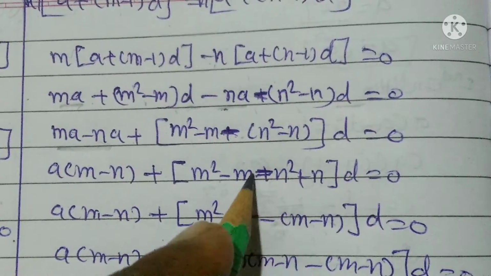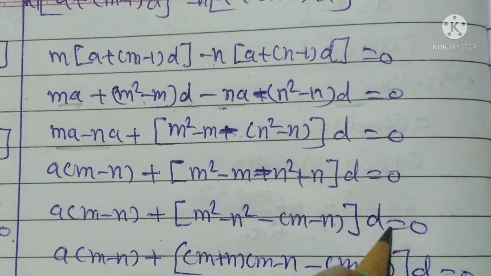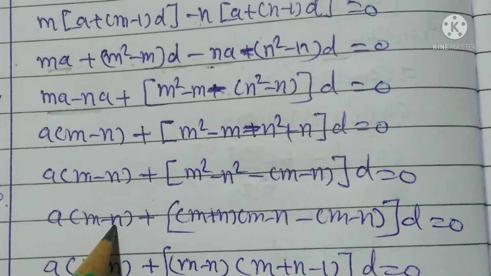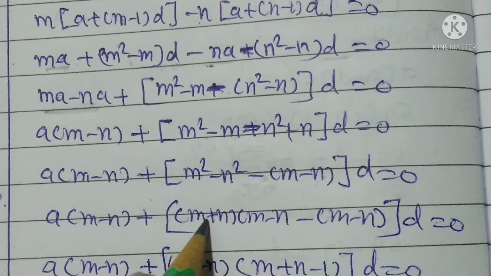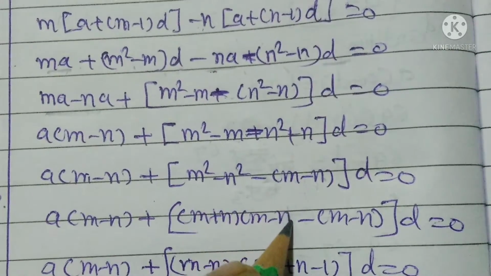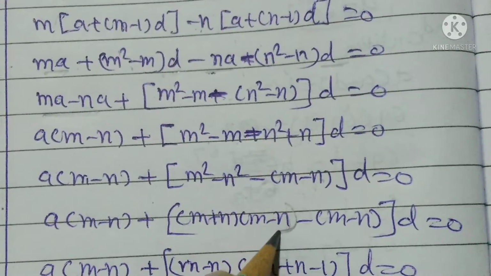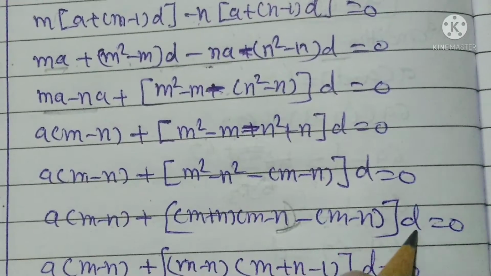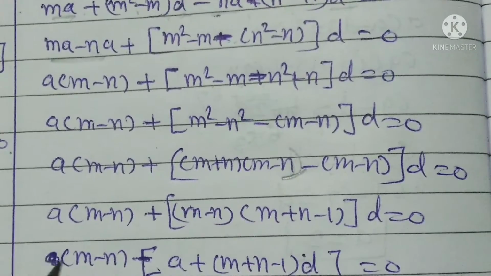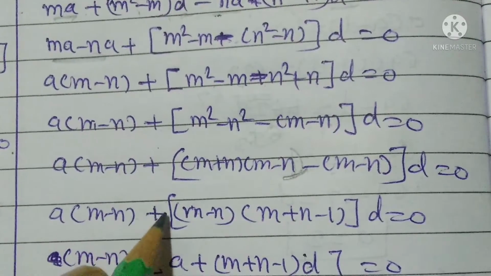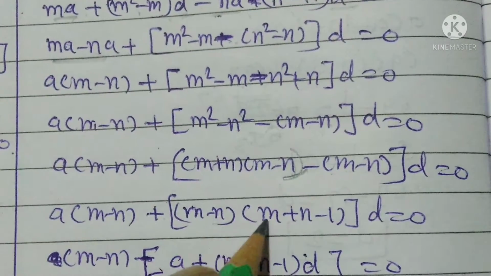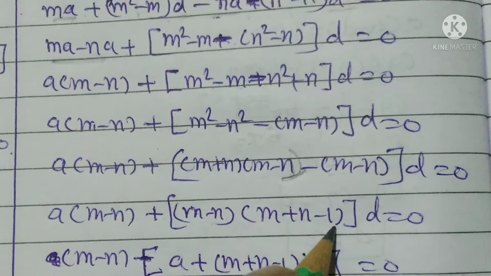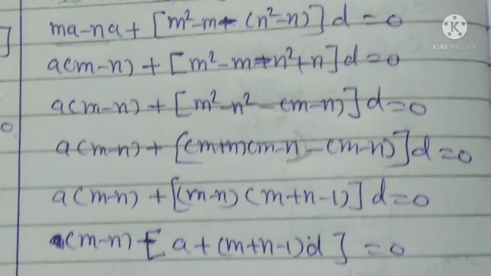So a(m minus n) plus ((m plus n)(m minus n) minus (m minus n)) d equals 0, that is, a(m minus n) plus (m minus n)(m plus n minus 1) d equals 0.